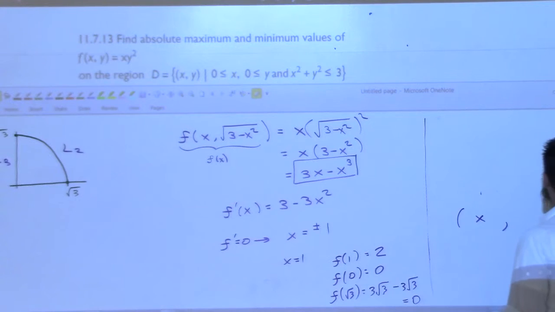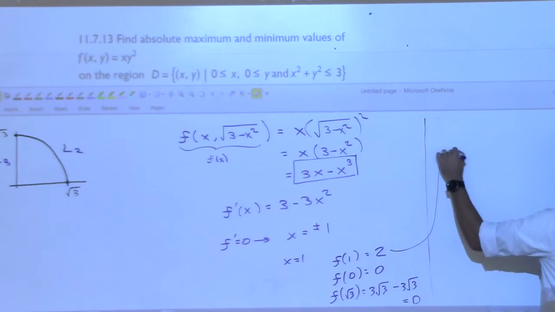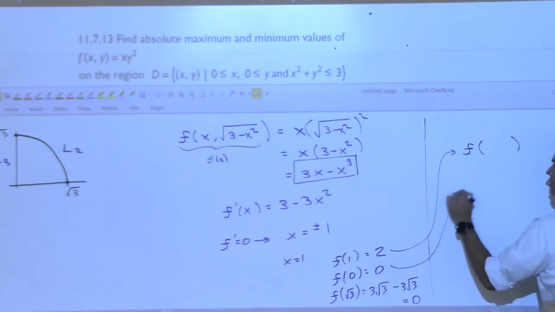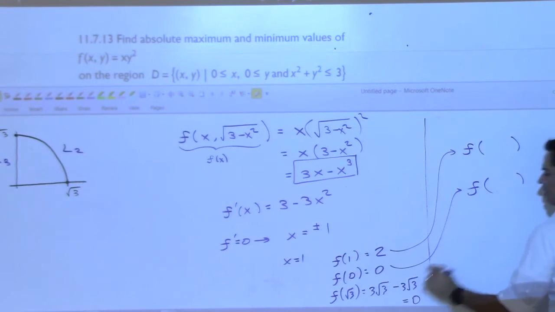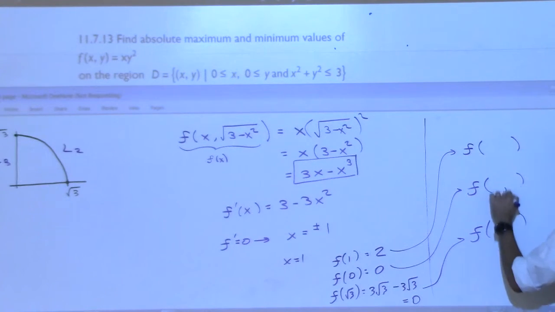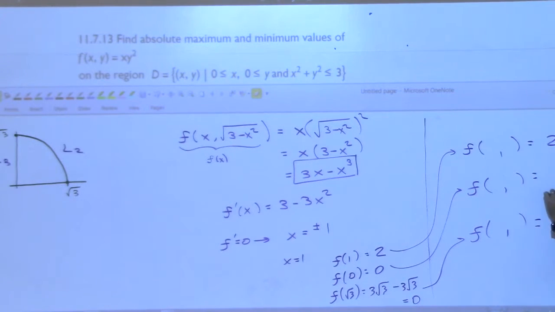Now these correspond to some points on our surface, so let's write those down. This is the point f of something something. This one is f of something something. This one is f of something something. So what are those? I know it's 2, 0, 0, right? What's this first one right here? 1.